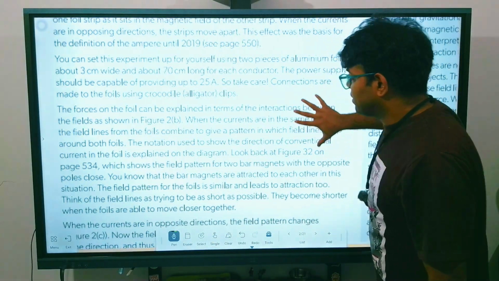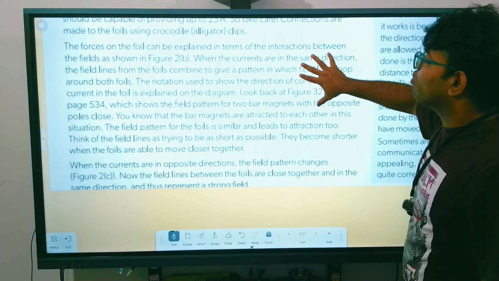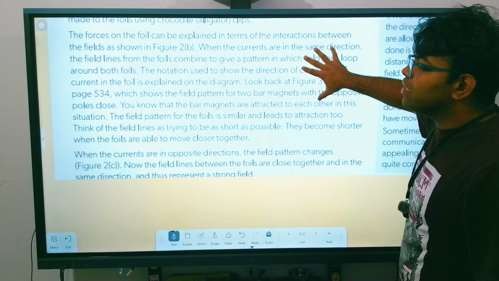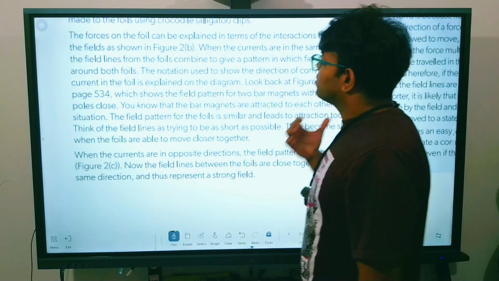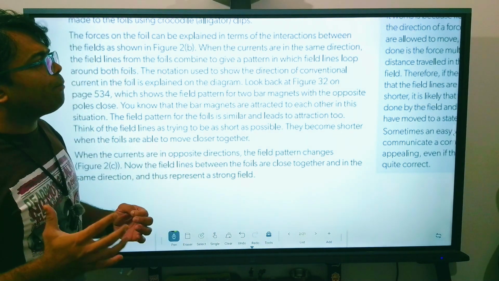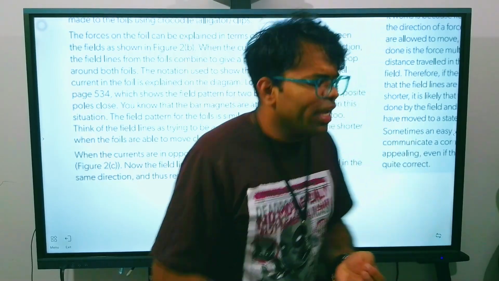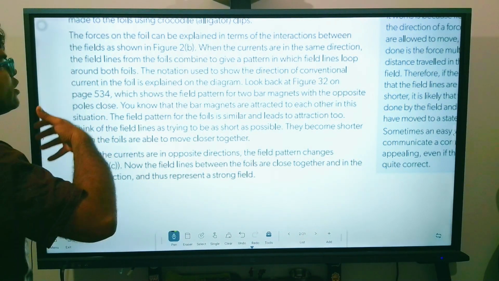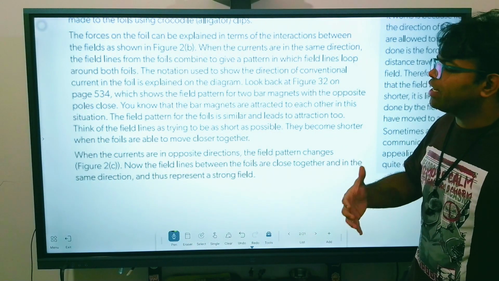Okay. Yeah, exactly. Now, the forces on the foils can be explained in terms of interaction between the fields as shown in figure 2b. When the currents are in the same direction, the field lines for the foils combine to give a pattern in which the field loops across both the conductors. Okay, it is surrounded by both the conductors. The notation used to show the direction of conventional current in the foil is explained on the diagram.